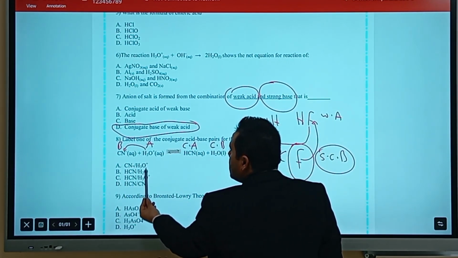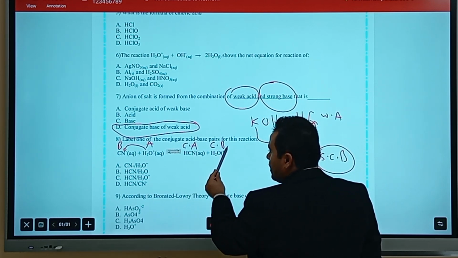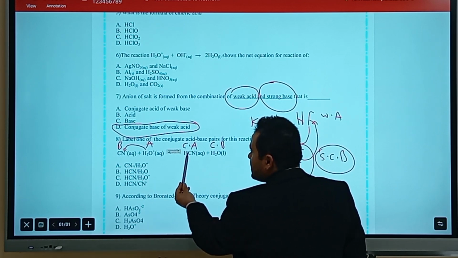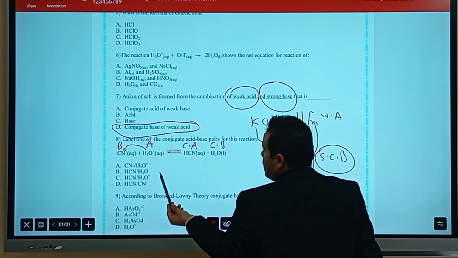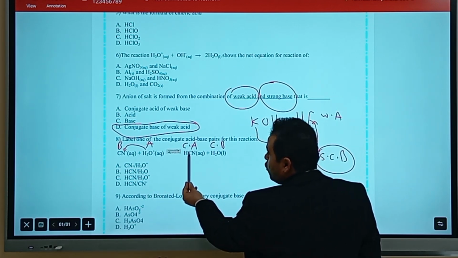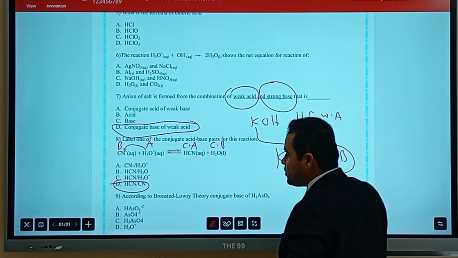HCN and H2O are also not conjugate pairs. Why? Because they both exist in the product. HCN and hydronium, HCN is acid and hydronium is acid. They are not conjugate acid-base pairs. HCN and CN negative, HCN is the conjugate acid and the CN is the base, so this is the correct answer.